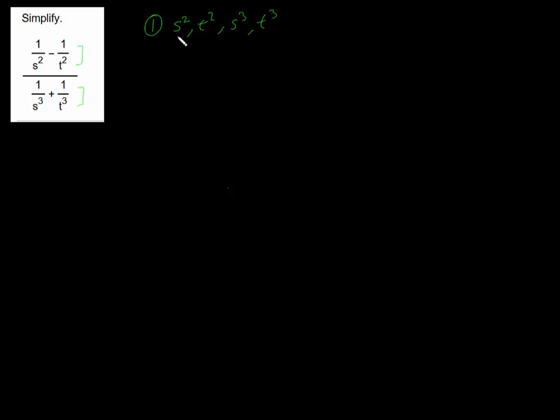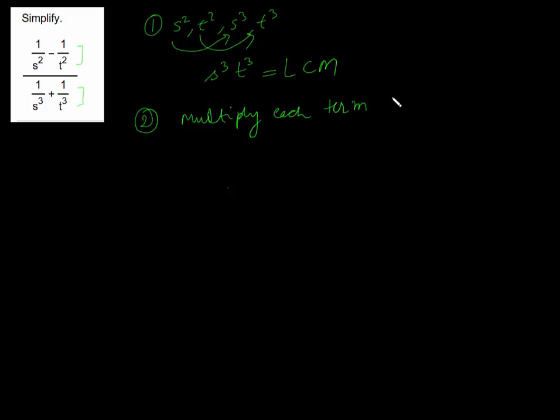Because s squared is already a factor of s cubed and t squared is already a factor of t cubed, you can say that s cubed t cubed is your least common multiple here. So the second step would be that you multiply each term, top and bottom, with this LCM. So how will this look?